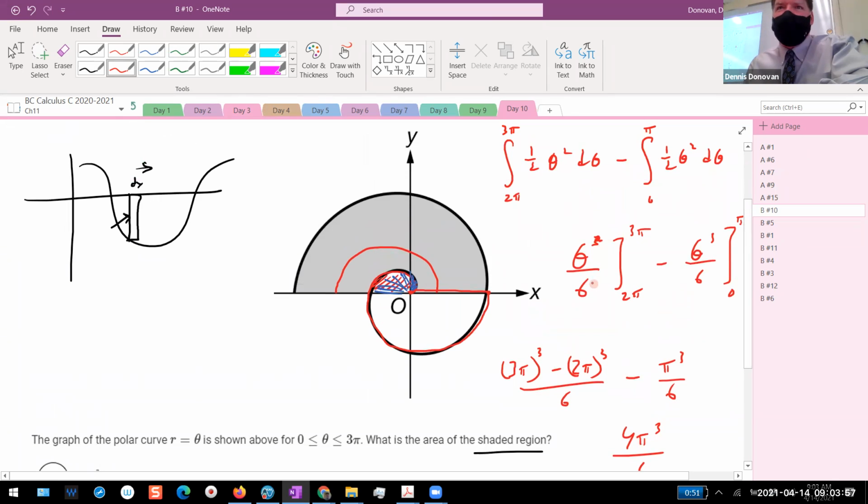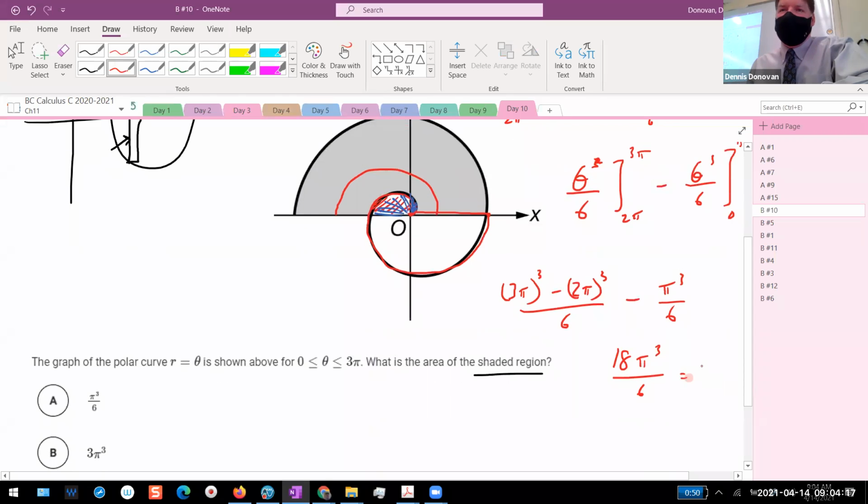Oh, it's cubes. Always the arithmetic. 27 minus 8 minus 1. How about that? 27 minus 9, that's 18. That's 18 pi cubed over 6, and that's 3 pi cubed. Oh, okay.